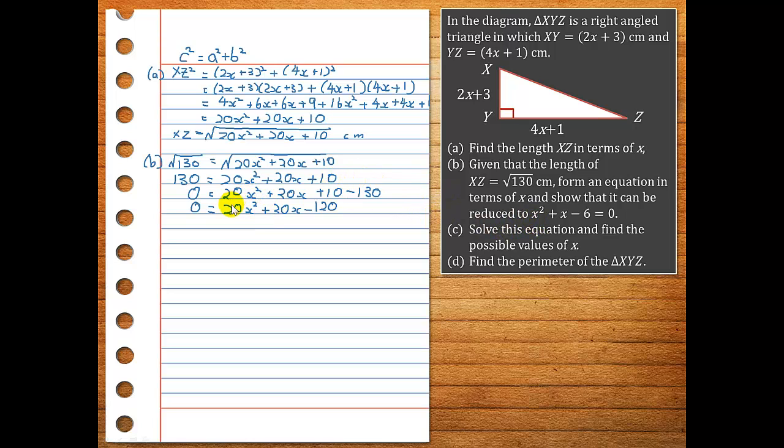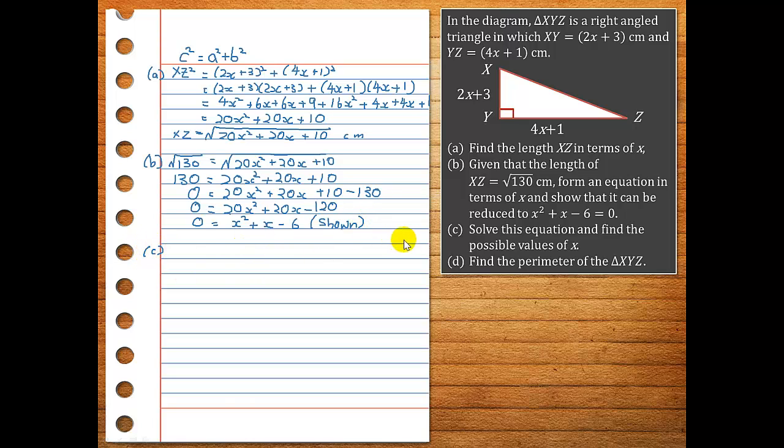And hence we have to divide every term here by 20. So 0 divided by 20 is still 0. 20 divided by 20 will have x squared. 20 divided by 20 will have 1x. And negative 120 divided by 20 will have negative 6. And therefore, we have shown that it is reduced to this equation.